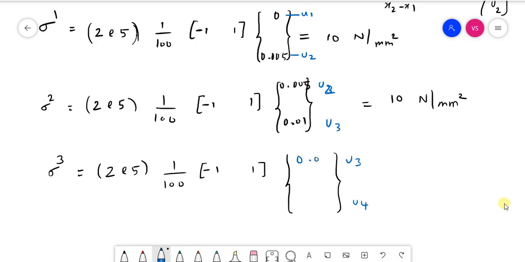U3 was 0.01 and U4 was 0.015. This will also give you 10 Newton per mm square. And this is how we can find the stresses.